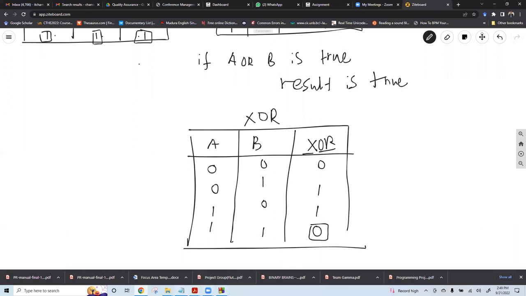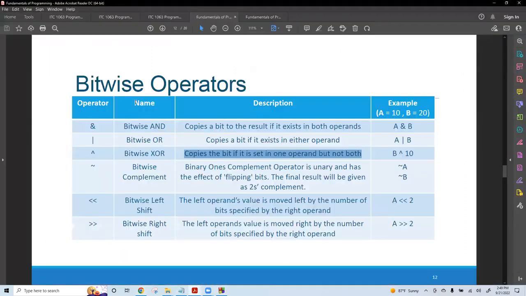So now let's see why these are called bitwise. And then we have shift operators as well. So these bitwise operators are performed on bits, right?